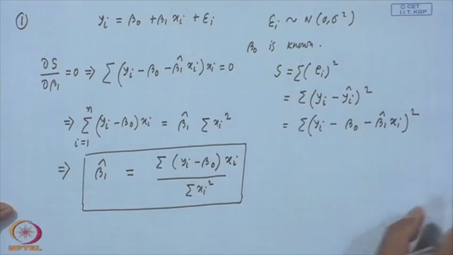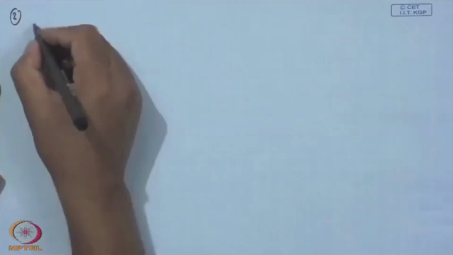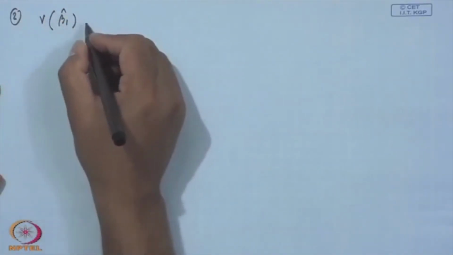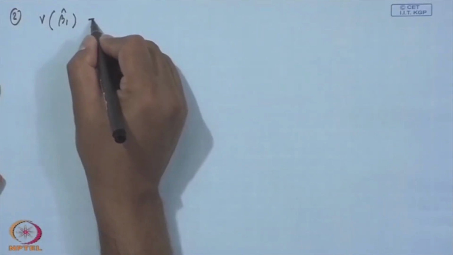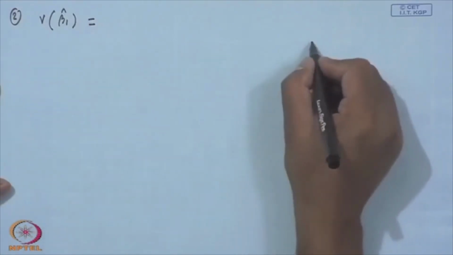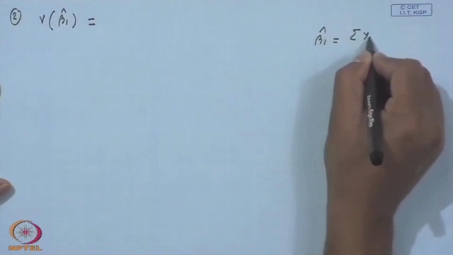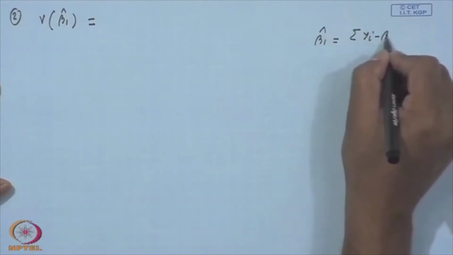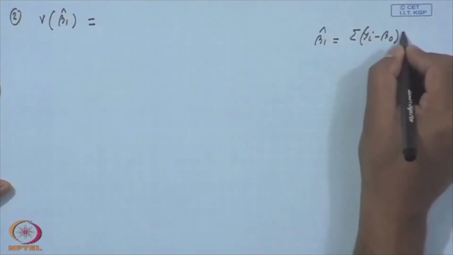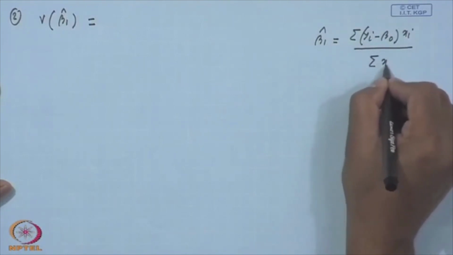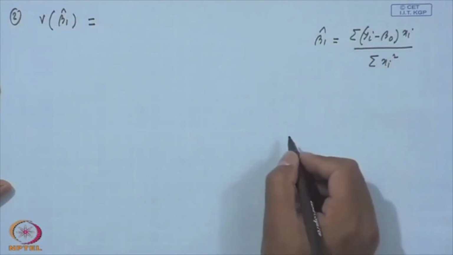The second problem is you find the variance of beta 1 hat. Okay. The second part is find the variance of beta 1 hat, and what is beta 1 hat? We just found that this is equal to summation y i minus beta naught into x i by summation x i square, right. Okay.